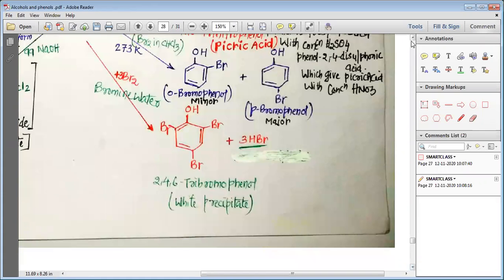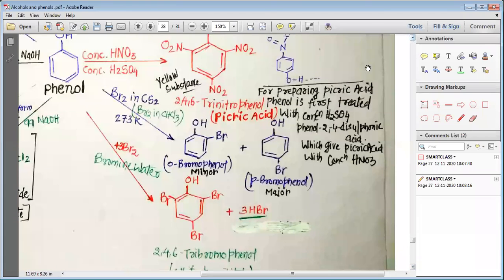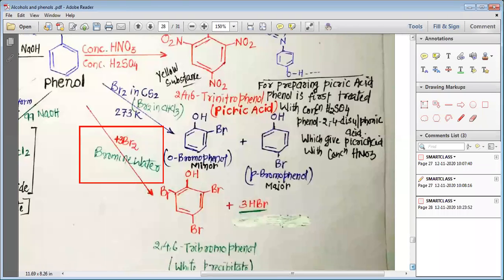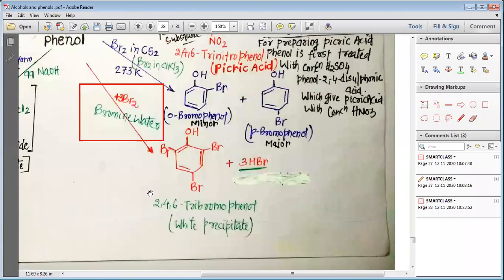But instead of phenol allowed to react with bromine dissolved in carbon disulfide or bromine dissolved in CHCl3, if we take bromine water, that is simple Br2, then in the case of bromine water, phenol is directly converted to a very important product, that is known as 2,4,6-tribromophenol.